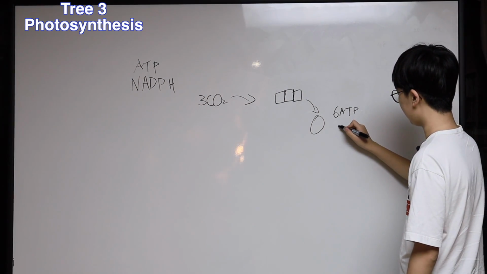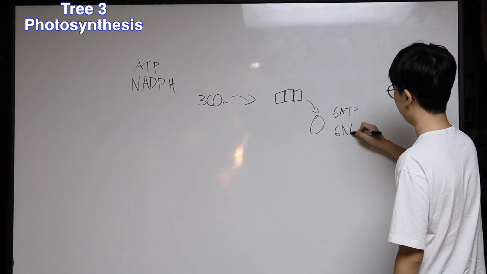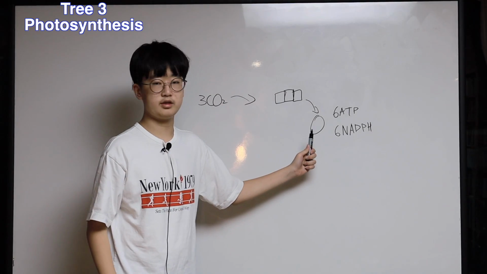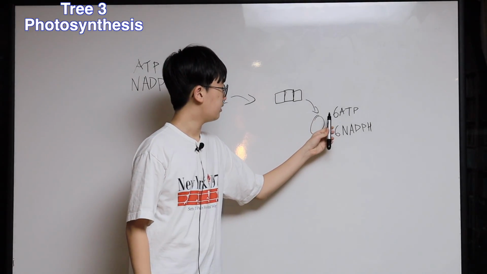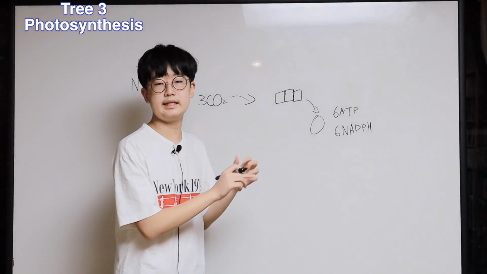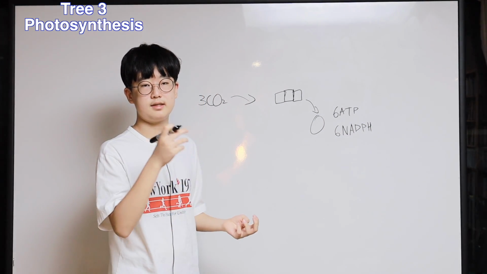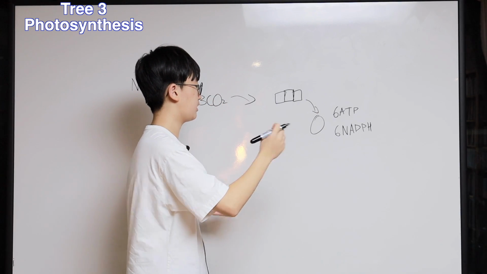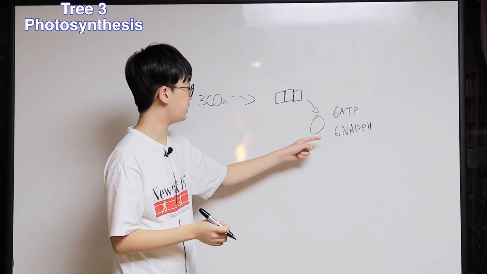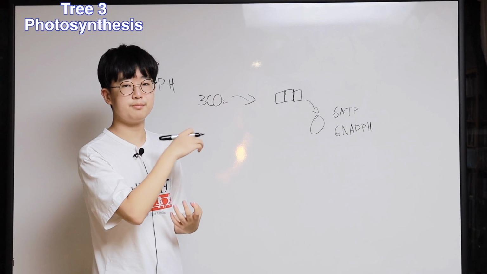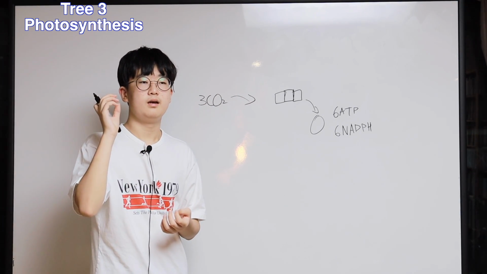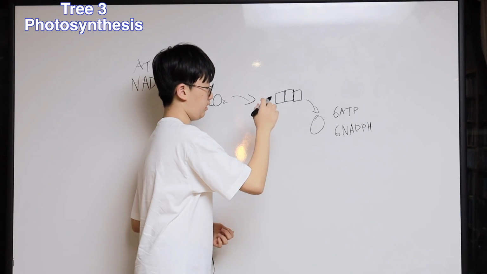Now 6 ATPs and 6 NADPHs are turned into 6 ADP and 6 phosphate molecules for the ATP, and 6 NADP pluses and 6 protons are made.